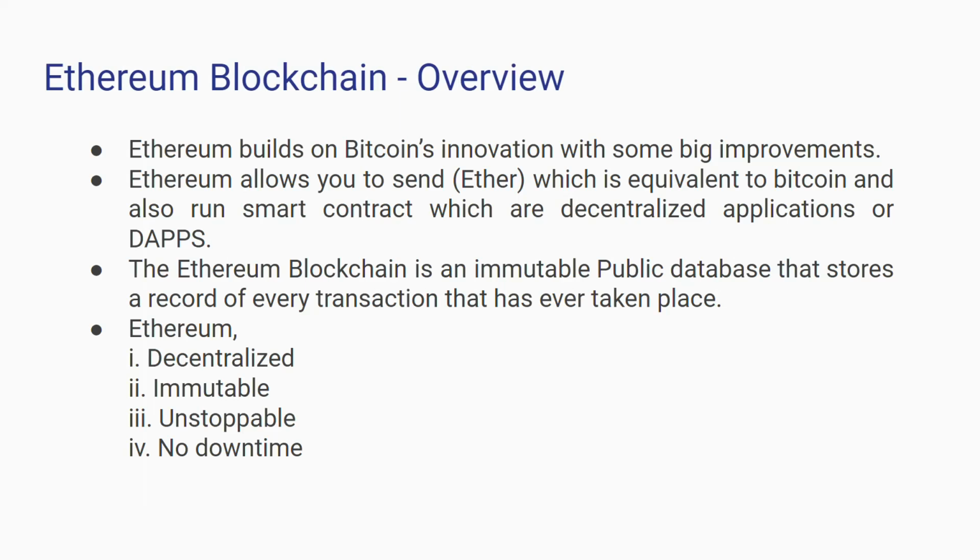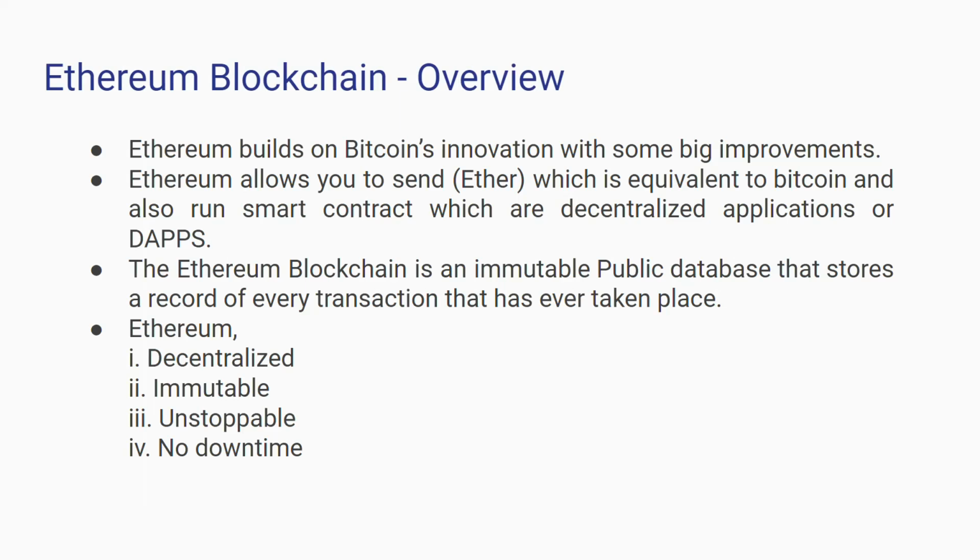Ethereum allows you to send Ether, which is the cryptocurrency related to the Ethereum blockchain, equivalent to Bitcoin, and also allows you to build and run applications, or what we call decentralized applications, dApps, through a smart contract. We will also explain what smart contracts are in our next episode or slides.